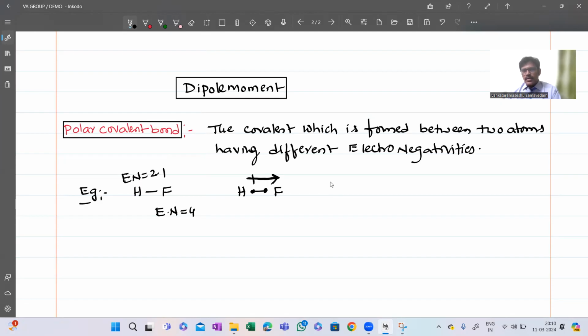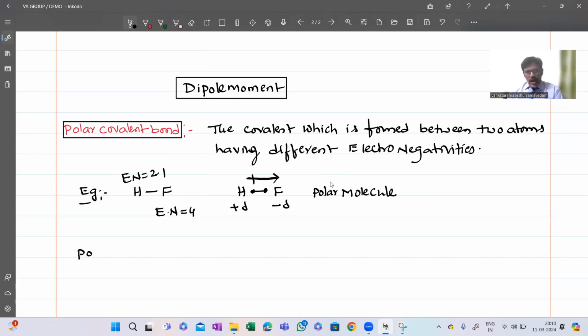It is based on the direction of the migration of electron density towards one of the bonded atoms. Now you see here there develops a partial negative charge and a partial positive charge: partial positive on the hydrogen atom, partial negative on the fluorine atom. Then the bond is said to be a polar covalent bond, and the molecule is said to be a polar molecule.